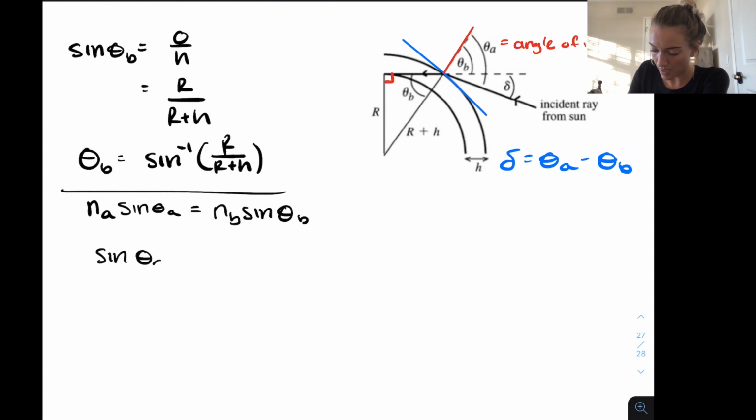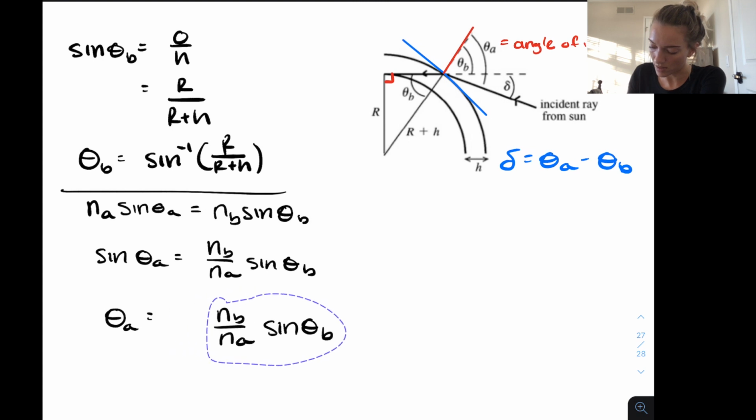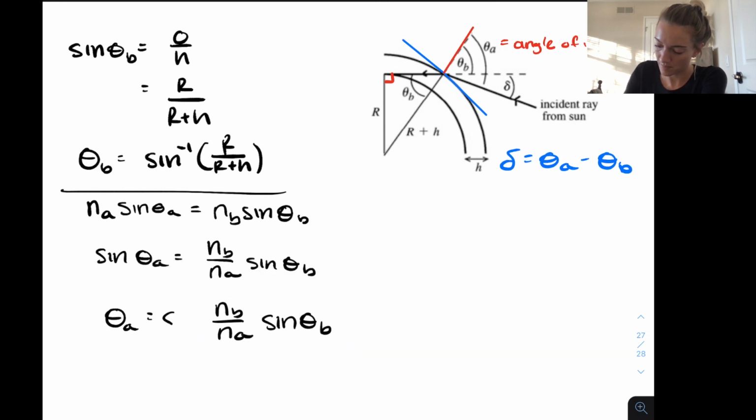We'll have sine theta A is NB over NA sine theta B. And then we're going to take the sine inverse of both sides. So we'll get theta A is sine inverse of NB over NA sine theta B.